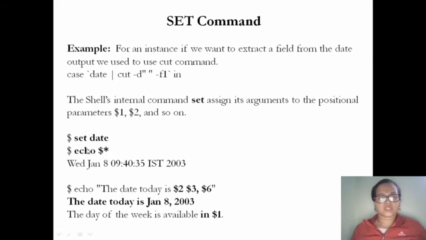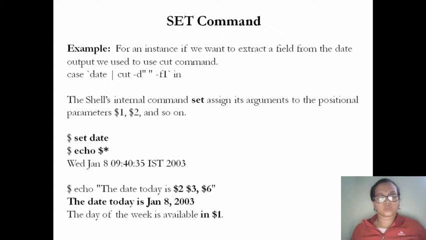Now after setting the date by using these parameters, we will move on to the displaying part. If I say echo the date today is $2 $3 $6, then $2 is Jan, $3 is 8, and $6 is 2003. So the date today is Jan 8 2003.